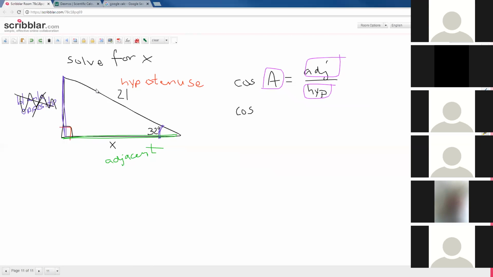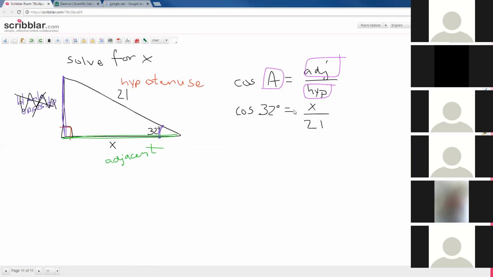So A is for the angle, and that's the number inside with the degrees symbol. Adjacent and hypotenuse, we've identified adjacent is the letter X, and hypotenuse is the number 21. So we filled all those in with actual values, and then we still have one more step.